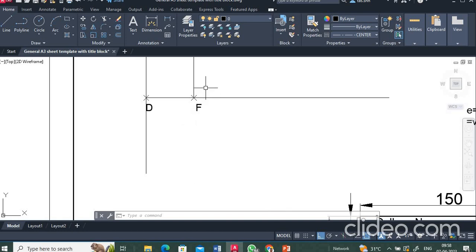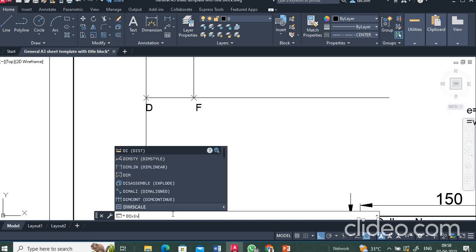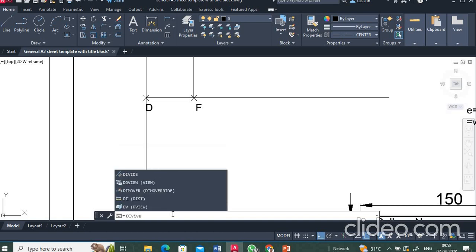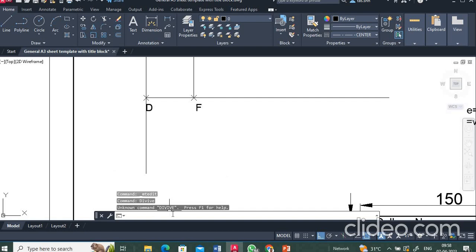So how can I make this into 7 equal divisions easily? In AutoCAD, you can use the divide command. I will show you both in AutoCAD as well as on paper how to draw. In AutoCAD, use the divide command. Select objects to divide.